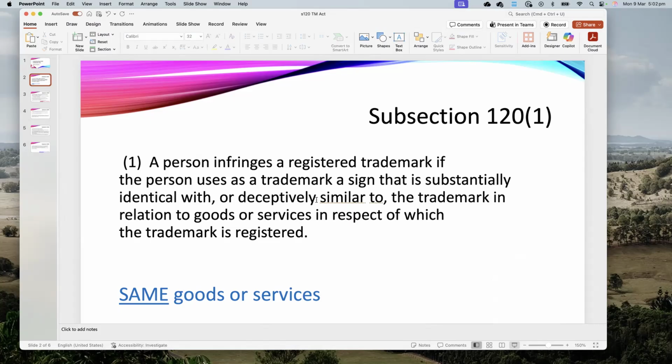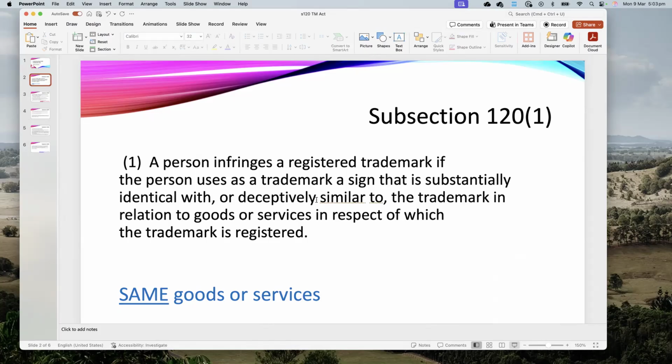Deceptively similar is a bit of a broader test. It takes into account the context in which you might be exposed to the trademark. You are not comparing the marks side by side. You are thinking about what a person might recall about a mark.